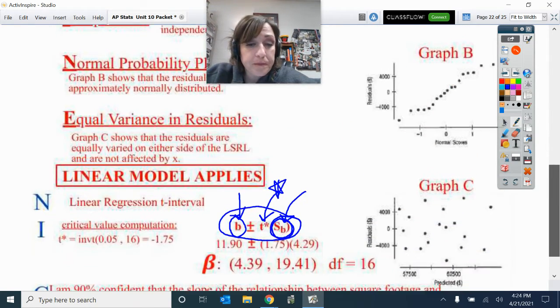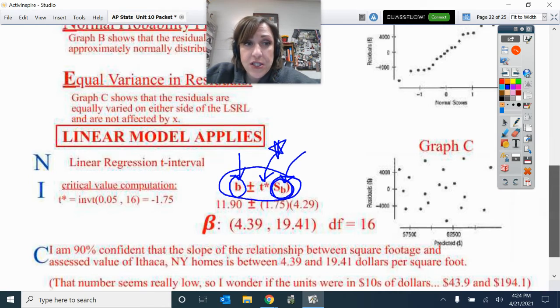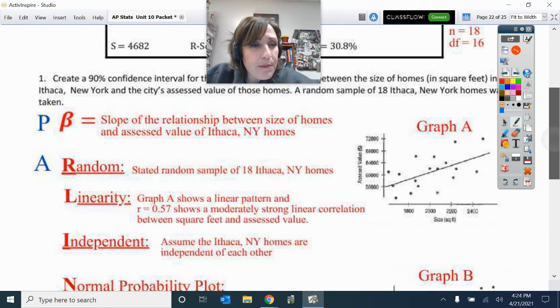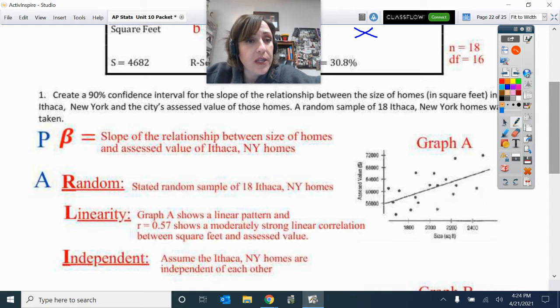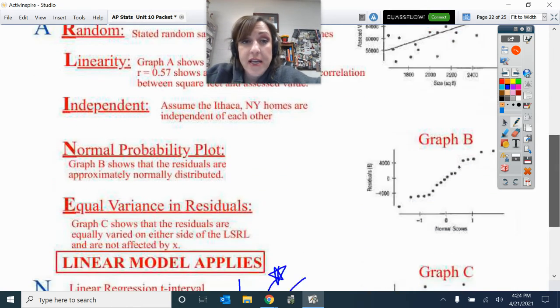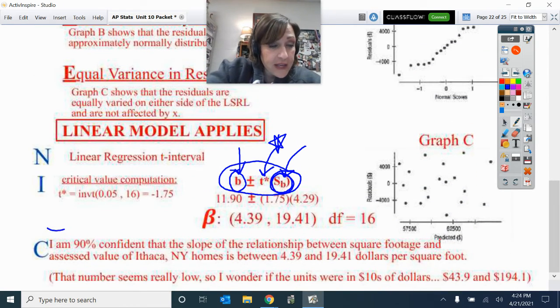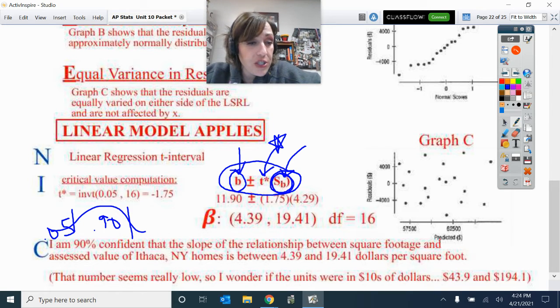It is based on how confident? 90% confident. So if I have 90% in the middle, then I'm going to have 0.05 in a tail. So inverse T, one tail with 16 degrees of freedom, negative 1.75. So my critical value is plus and minus 1.75.